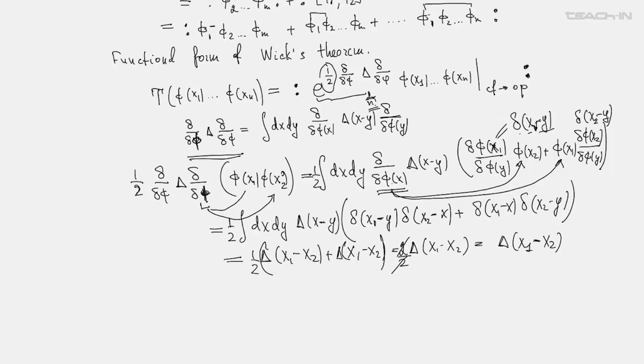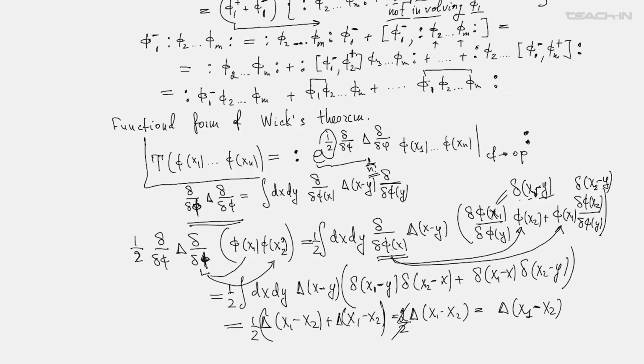So this is a very convenient form of the Wick theorem, which also finds application in the functional methods of quantum field theory. So it's very useful to remember it. Any questions here?